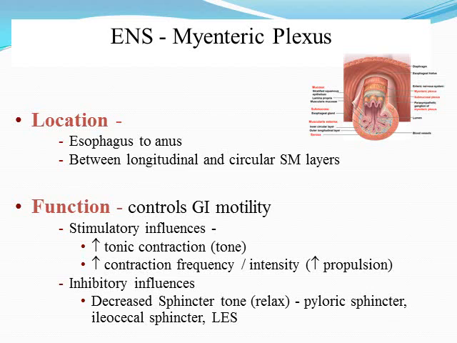Okay, so the myenteric plexus extends all the way from the esophagus to the anus. Everywhere where you have peristalsis, you have the myenteric plexus. It's located between the longitudinal and the circular smooth muscle.